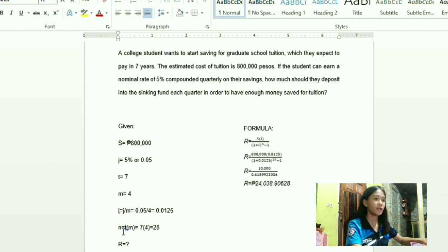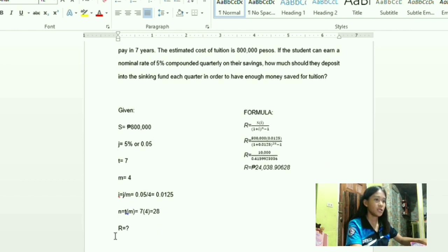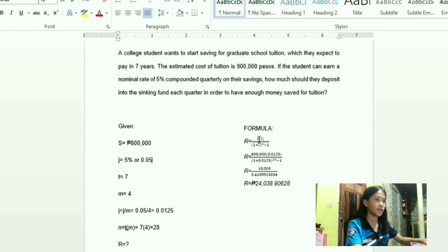To get the n, it is time times m. The time here is 7 and the m here is 4, so 7 times 4 equals 28. Now we need to get the R. The formula for the sinking fund is R is equal to S times i over (1 plus i) raised to n, minus 1.